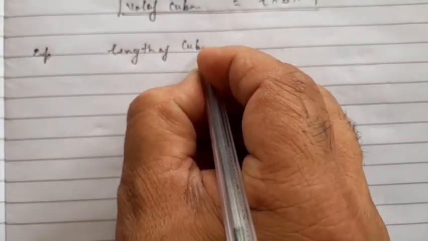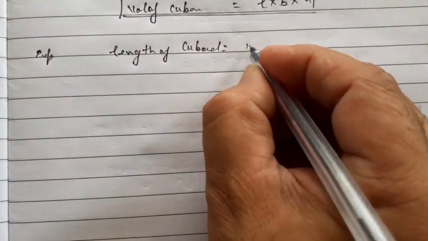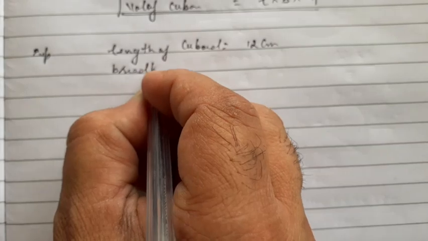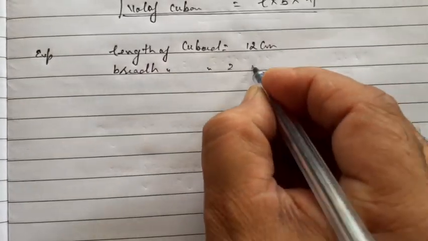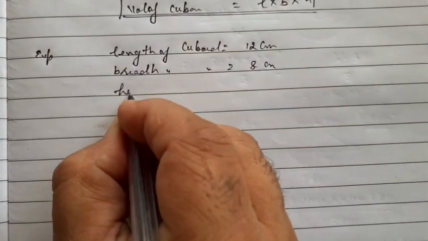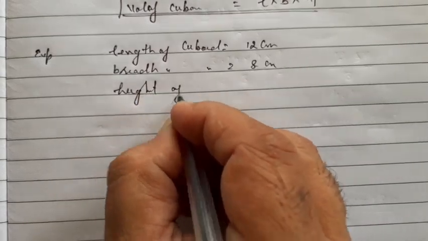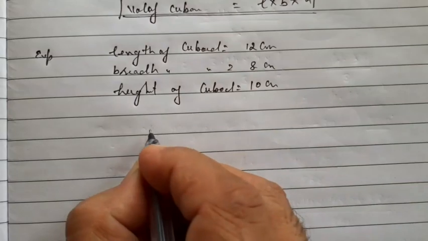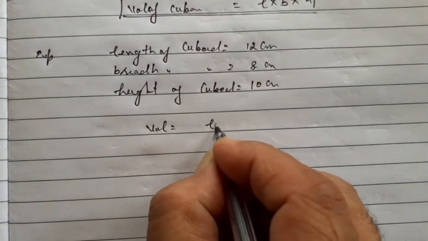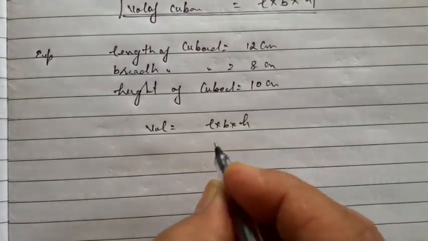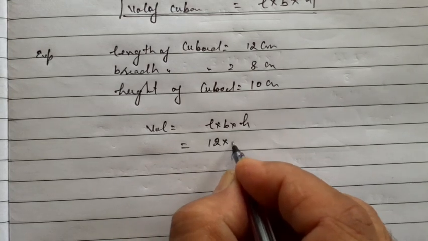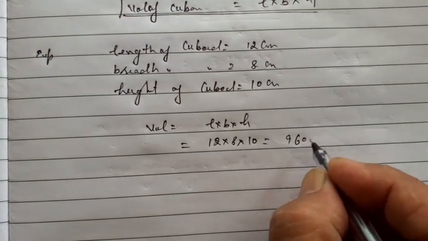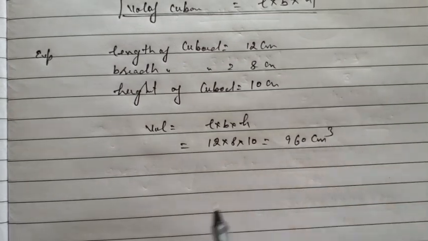Length of cuboid is 12 centimeter, breadth of cuboid is 8 centimeter and height of cuboid is equal to 10 centimeter. So volume is equal to length into breadth into height. So we can say that 12 into 8 into 10, that is equal to 960 centimeter cube.